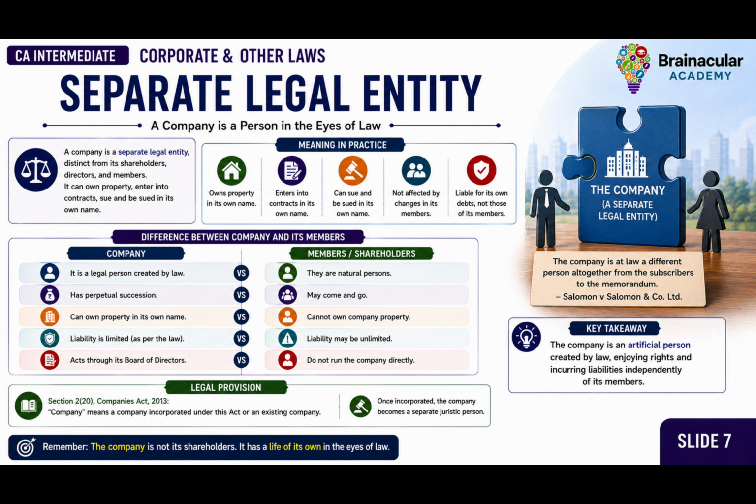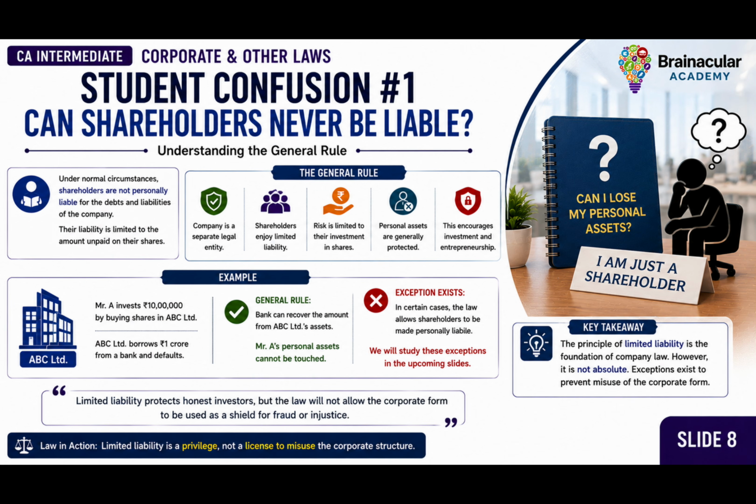अब students often पूछते हैं कि मैम, if company and shareholders are completely separate, does that mean shareholders can never be held liable for anything? Now this is a very good question. The separate legal entity protects passive investors from the company's general debts. A shareholder who simply holds shares cannot be asked to pay the company's creditors beyond their investment.